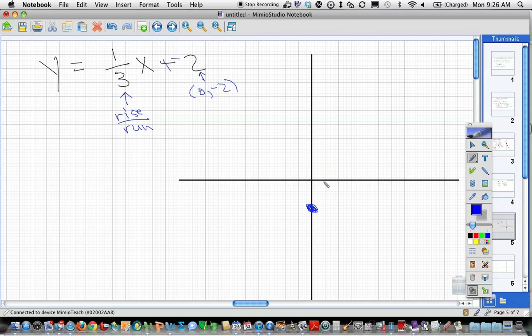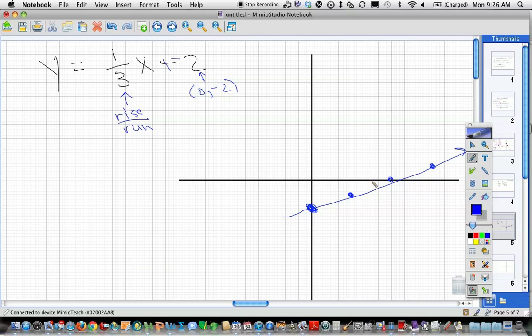So what's that mean? Up 1 over 3. And keep doing it. Up 1 over 3. Up 1 over 3. Now, what happens if you run out of room? Because I always want you to extend your lines all the way through the grid.